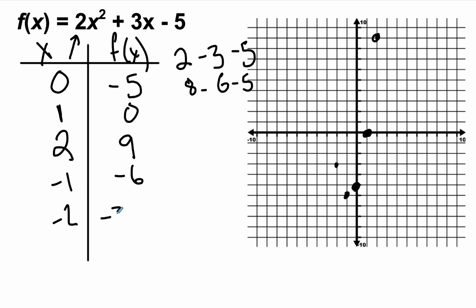So far that's what we have. So we have negative 3 now. So this becomes 9 times 2 is 18. This becomes negative 9 minus 5. So 18 minus 9 is 9. Minus 5 is 4.